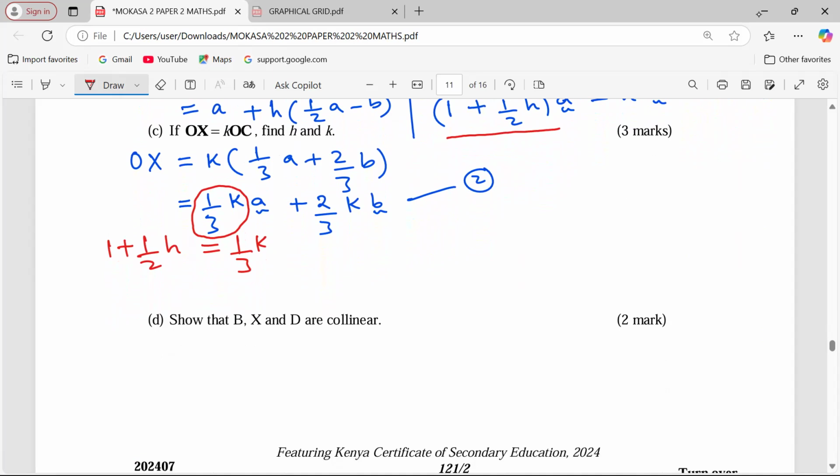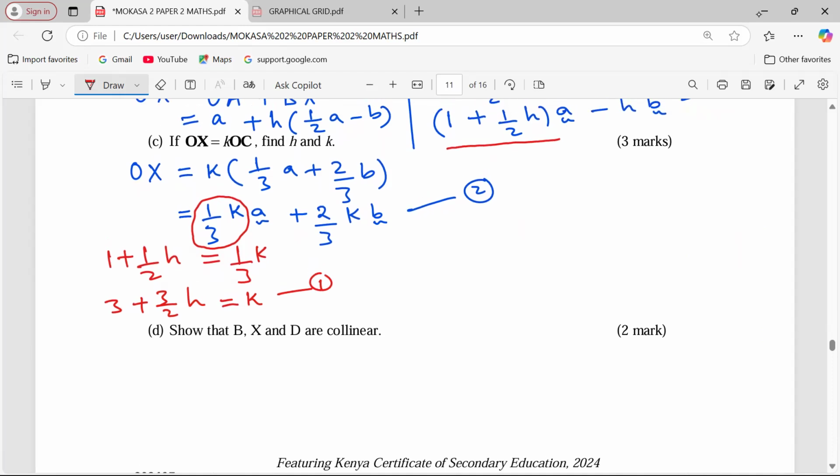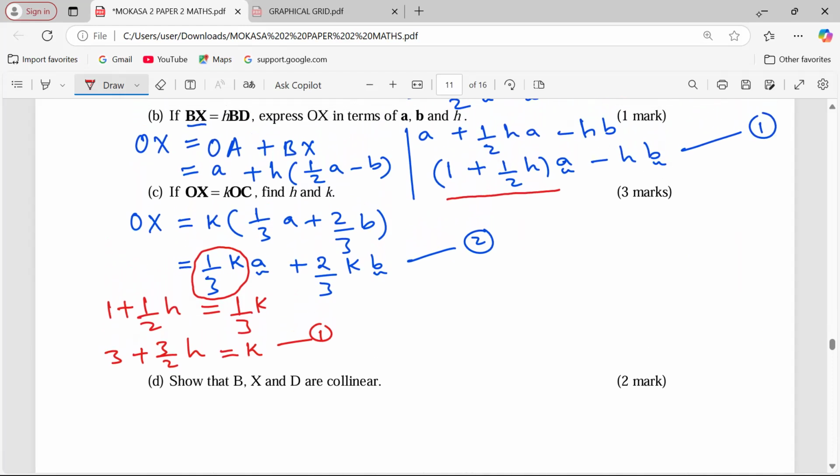Remember, this equation can be simplified so that we have one unknown expressed, like K. So for us to express K, we need to multiply by 3 all through. So this becomes 3 plus 3 over 2 H, equation Roman 1.